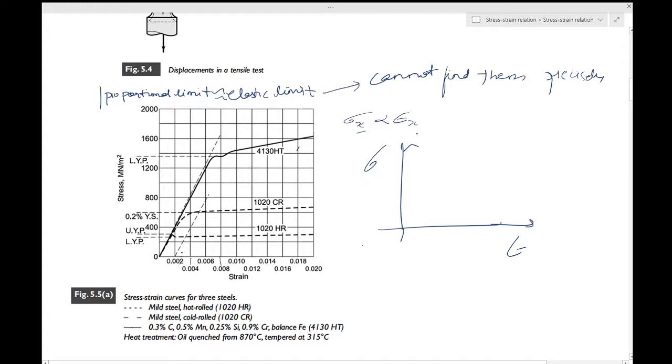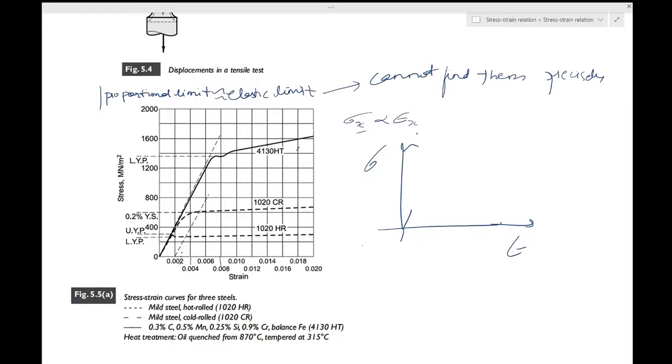So why can the elastic limit not be considered precise? Let's see. You have a load, you increase it, and then if you remove the load, it comes back to zero strain. Permanent set is a permanent strain.